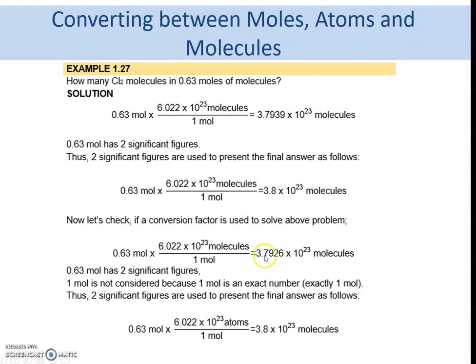So we obtain 3.7926 times 10 to the power of 23 molecules. This is the answer from calculator. However, your final answer must be 3.8 times 10 to the power of 23 molecules because we consider two significant figures of 0.63 mole.